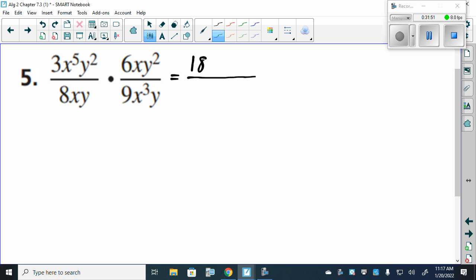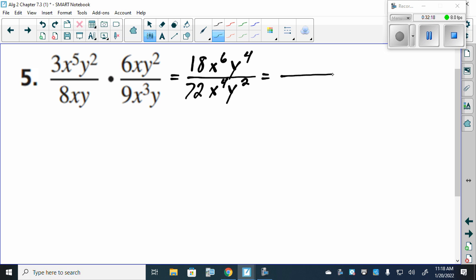X to the 5th times x would be x to the 6th. Y squared times y squared would be y to the 4th. On bottom, we can do 9 times 8, which is 72. X times x cubed would be x to the 4th, and y times y be y squared. Now at this point here, we can do 18 over 72 in a calculator.